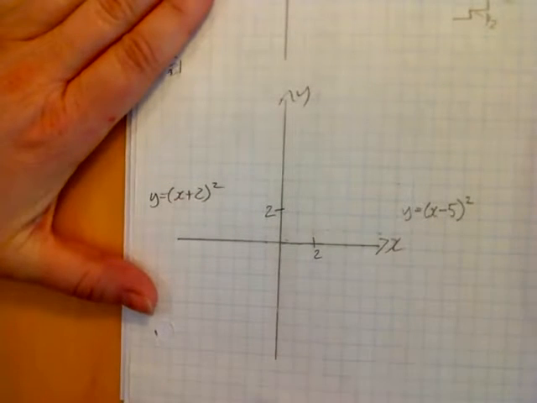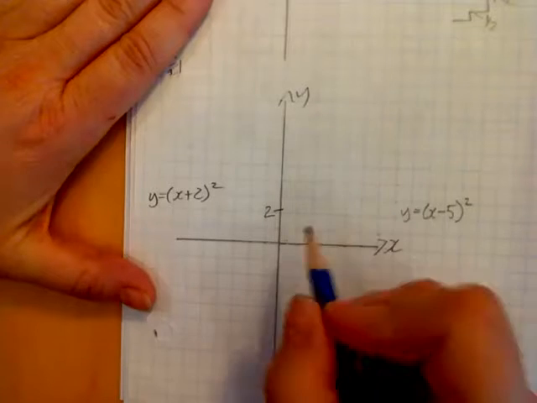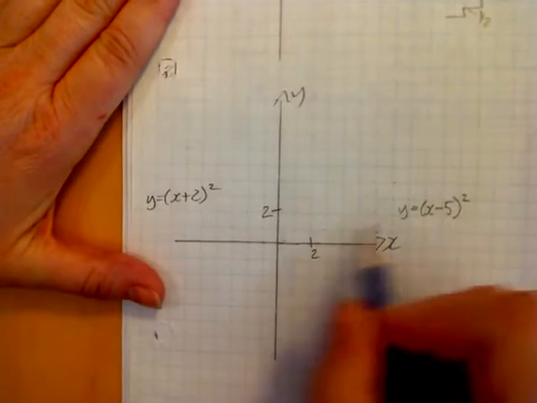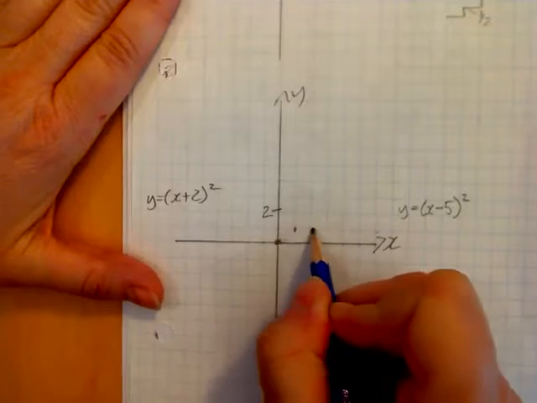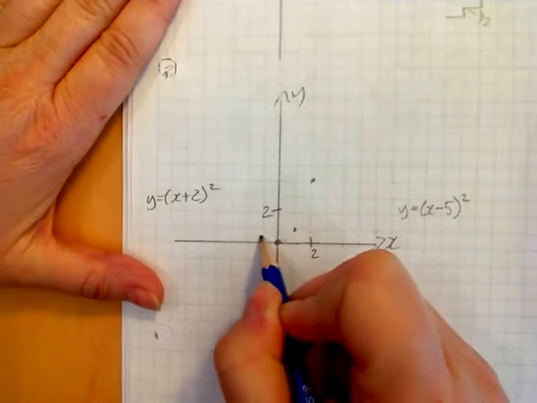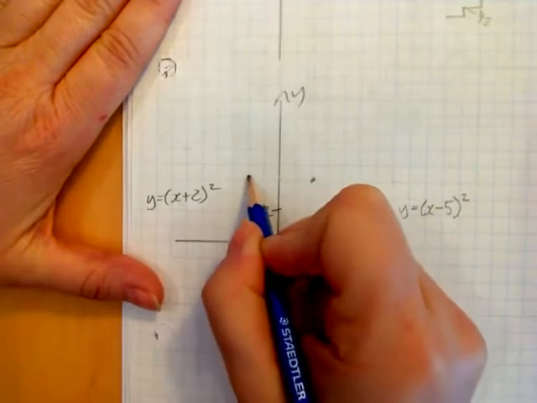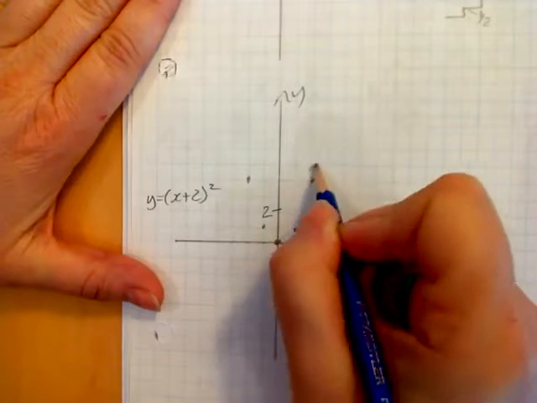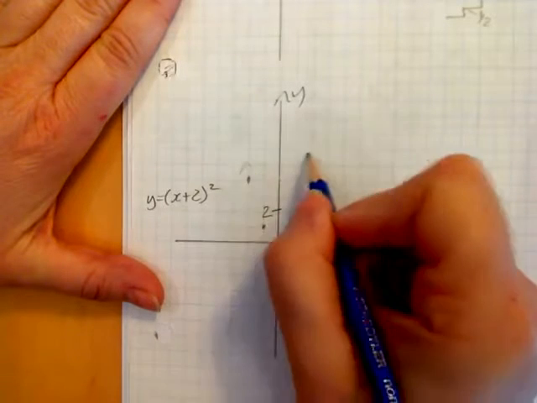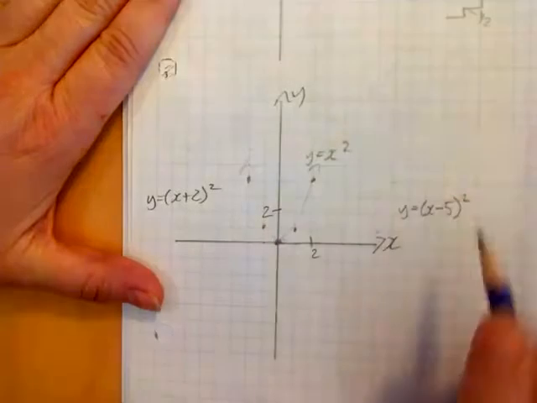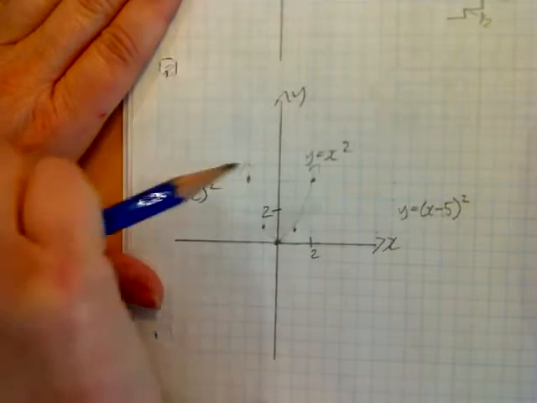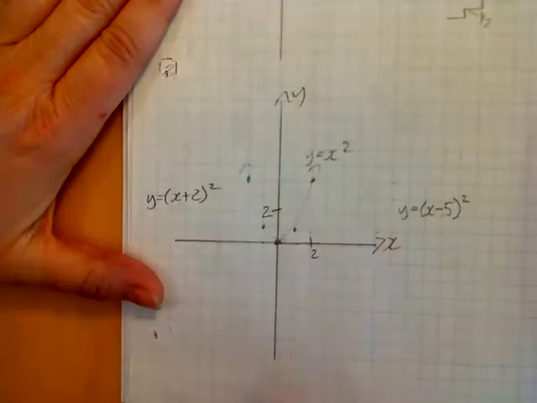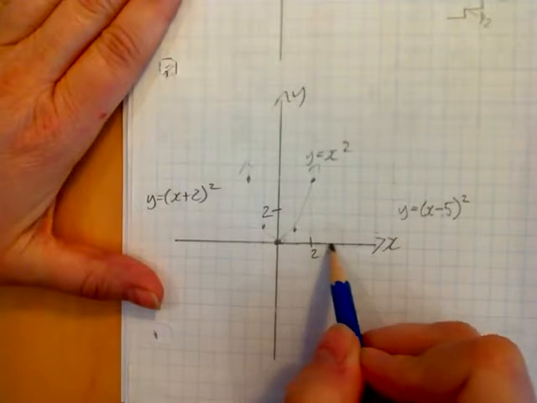I think this graph paper is better. It's easier for you to see. So I'm going to start with 0, 0, 1, 1, 2, 4, or over 1 up 1, over 1 up 3 for my points of y equals x squared. I'm just going to graph it really lightly. And when I have negative 5 here, that means I'm moving 5 to the right. 1, 2, 3, 4, 5.